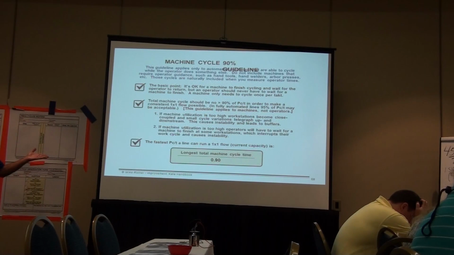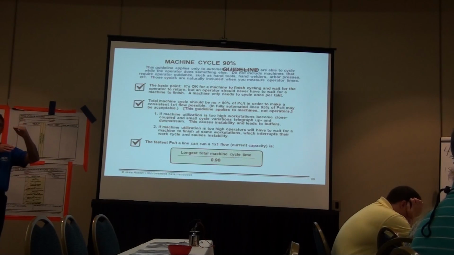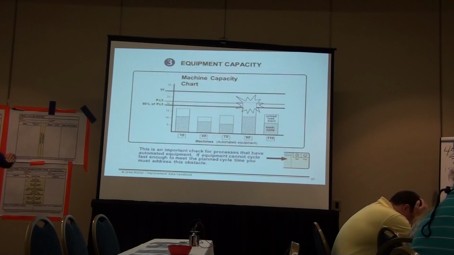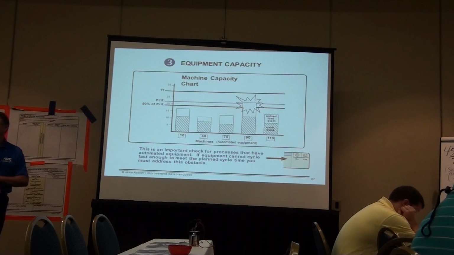So the fastest planned cycle time a line can run is to take the longest machine cycle time and divide it by 90%, and that would be the fastest the planned cycle time could be. If it's not within your guidelines, then that's where you can go first. Questions, comments, suggestions? Okay with that?